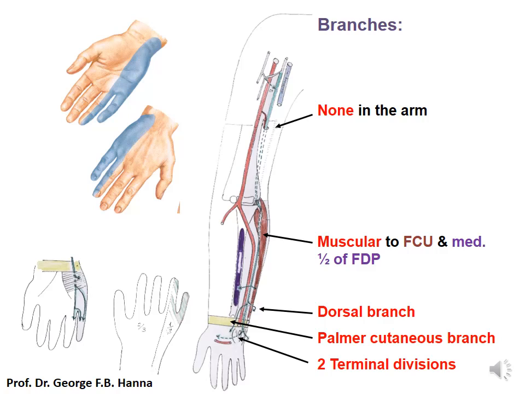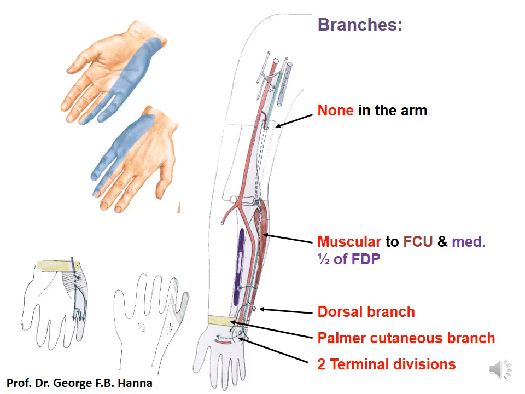Since I'm not giving as many motor branches as the median, I have the chance to give two sensory branches. So 2 inches above the flexor retinaculum, the ulnar nerve gives rise to the dorsal branch. What is the dorsal branch? You see here that the dorsal branch curves posteriorly to pass superficial to the extensor retinaculum.